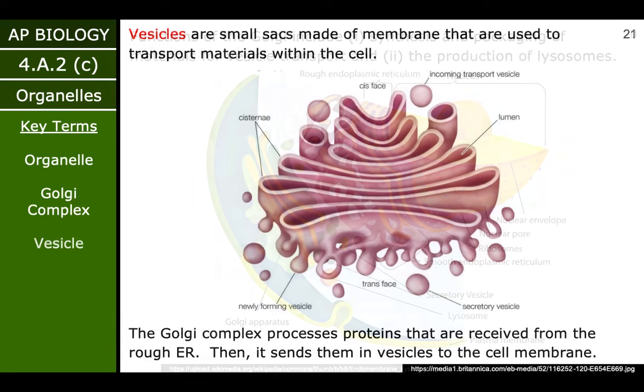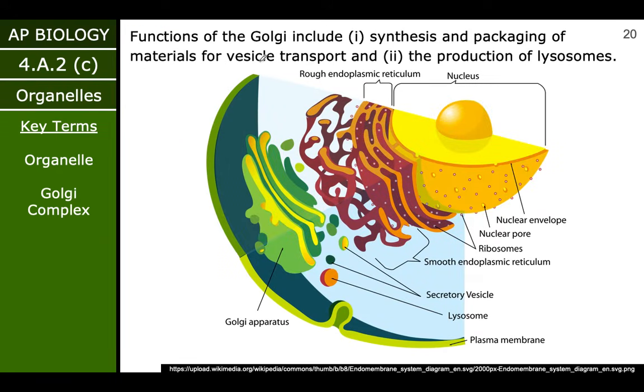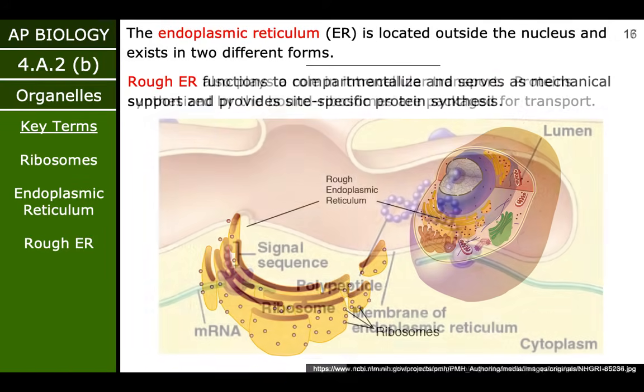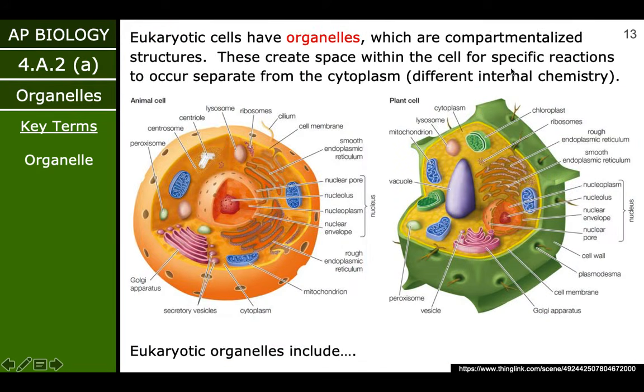So just kind of zoom in and explain what a vesicle is, because that's going to be really important. A vesicle is basically a little bubble inside of a cell that can hold stuff. If I go way back to this picture right here, I like to have things in their own place.